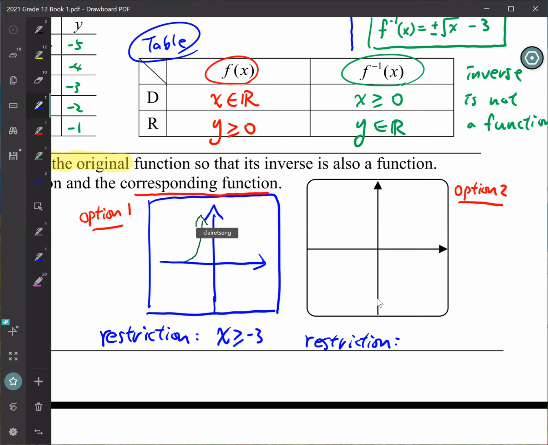Okay, and the inverse, very good. Yeah, good. Okay, so it'll be this way.